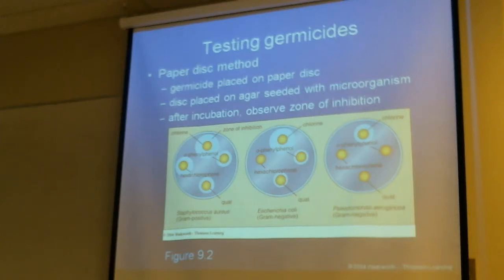So it'd be great for cleaning purposes, but as far as antiseptic purposes, it wouldn't be useful. The only thing I want you to really get out of this is what zone of inhibition means. And the paper disc method is a method for evaluating those antiseptics and disinfectants.